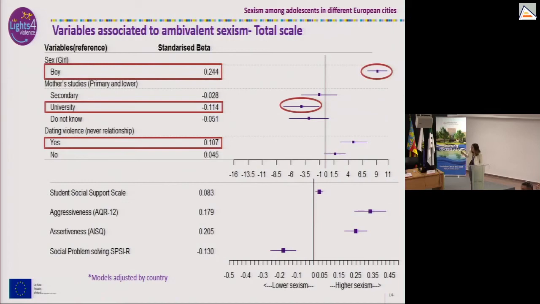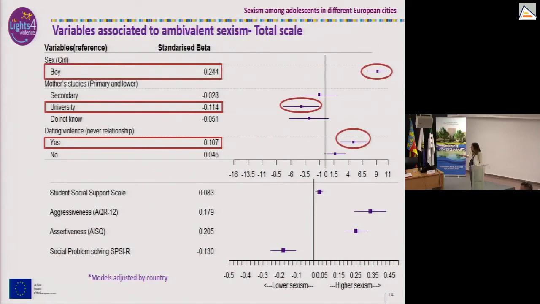Adolescents who had dating violence experiences have higher levels than students who have never been in a dating relationship. The plot at the bottom presents the scales associated to ambivalent sexism.